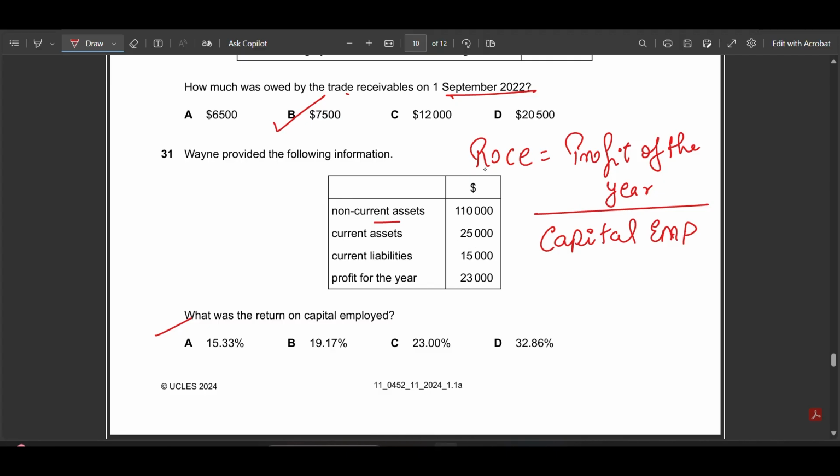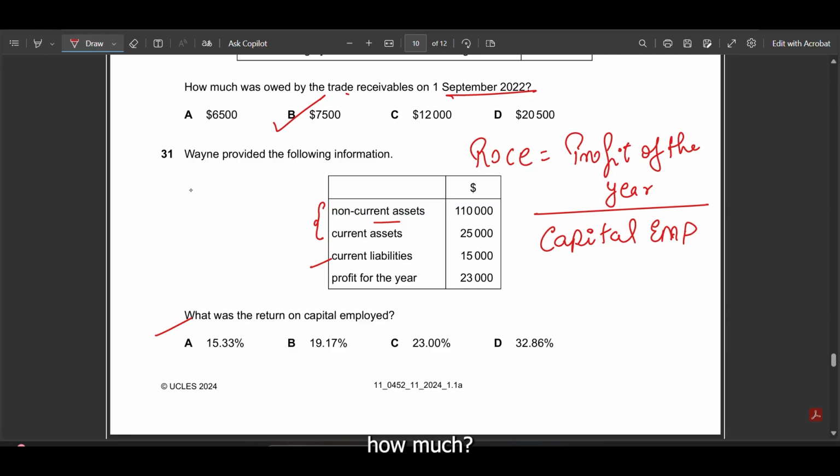So it's easy. How can we calculate the capital employed in this case? It would be my total assets minus my current liabilities. What all things are included in your capital employed? The entire capital plus my non-current liabilities. So here we can calculate that easily.